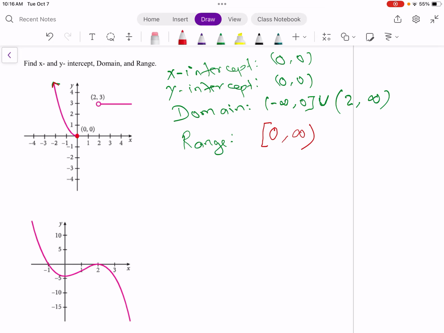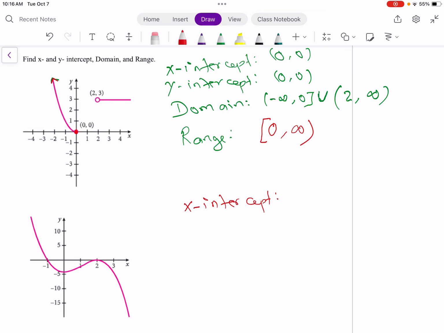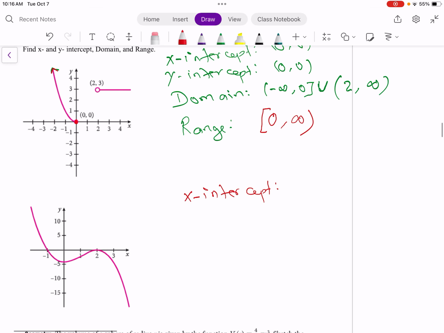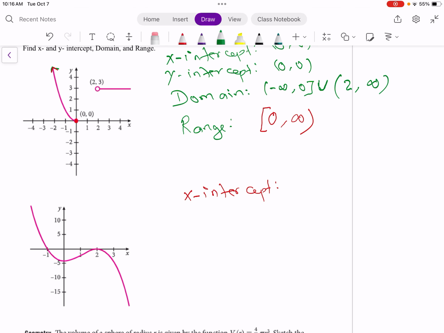Now next we have the next graph. Let's write down the x-intercept. What are the points where the graph touches or crosses the x-axis here? So this point is an x-intercept, and this point is an x-intercept. So we have (-1, 0) and (2, 0).